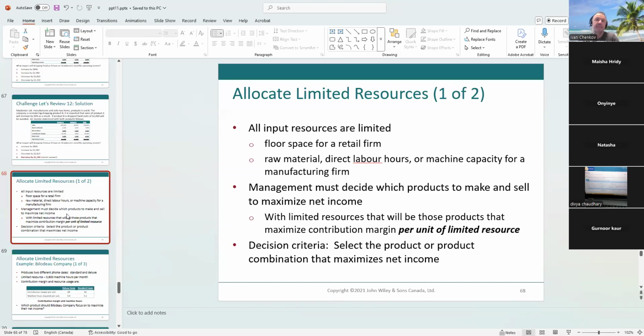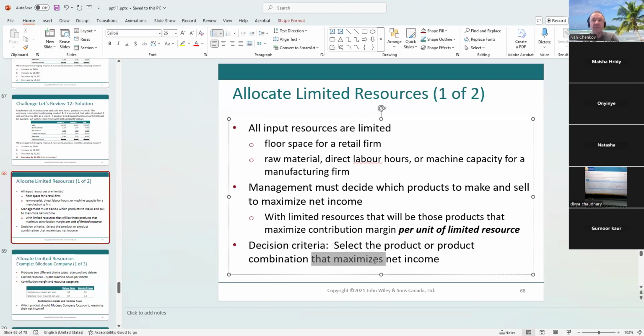So the question is how we can manage the limited resource in order to get the maximum benefit. In order to maximize the benefit, we have to find the combination of how to use the time.